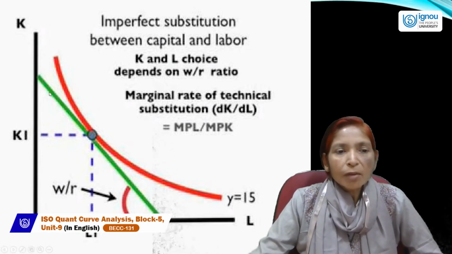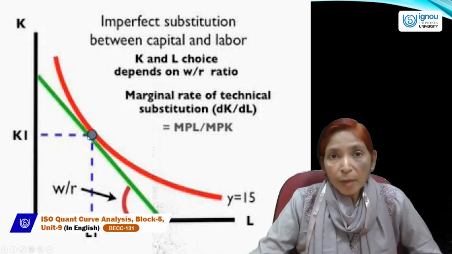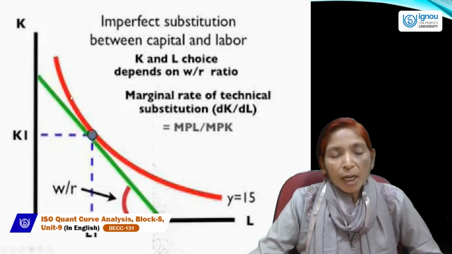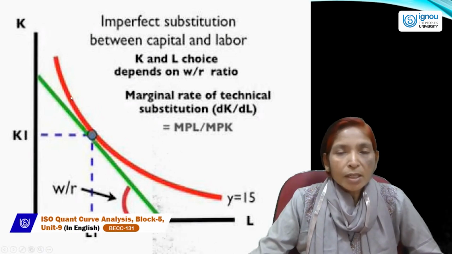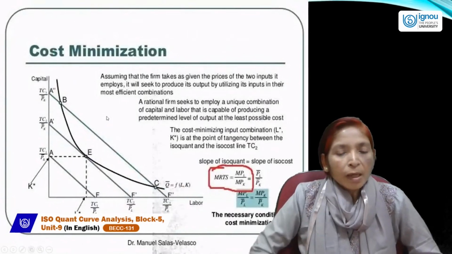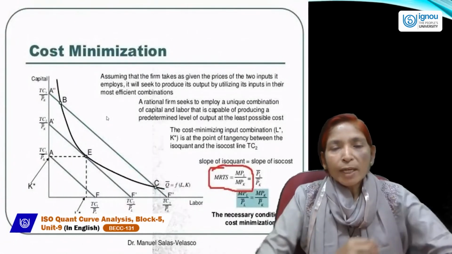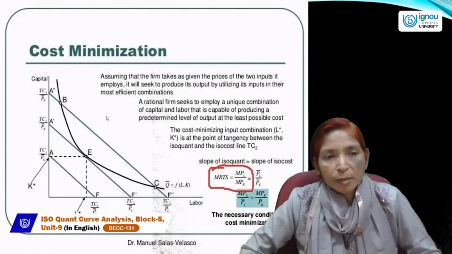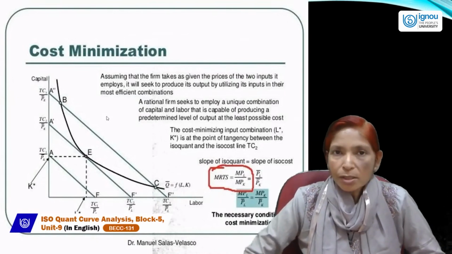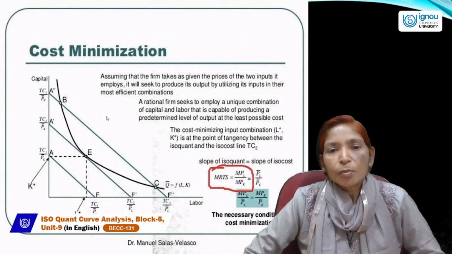So the producer is always determined at the equilibrium point, and we can determine the equilibrium point at that point where the isocost line is tangent to the isoquant curve. Here is the point of cost minimization. How can a producer decrease the cost and increase the output level?